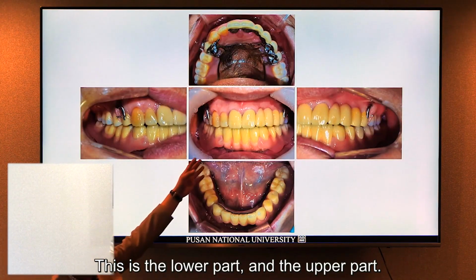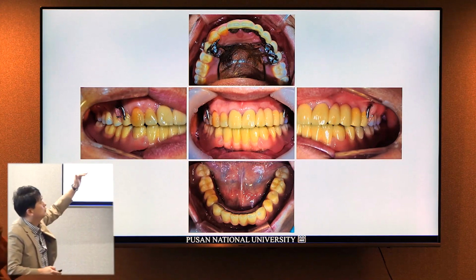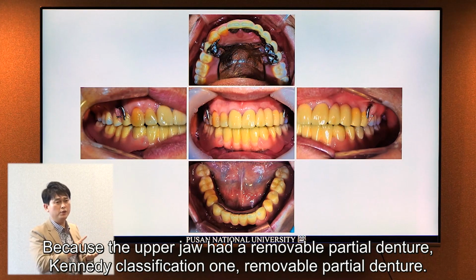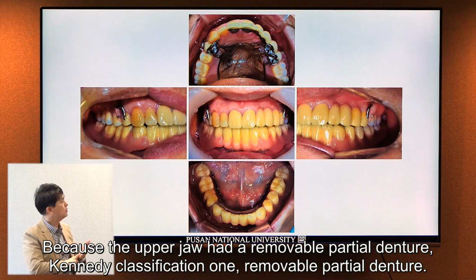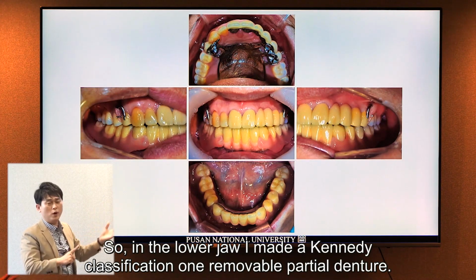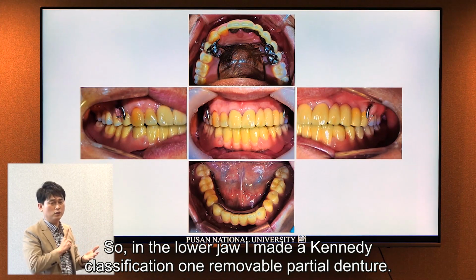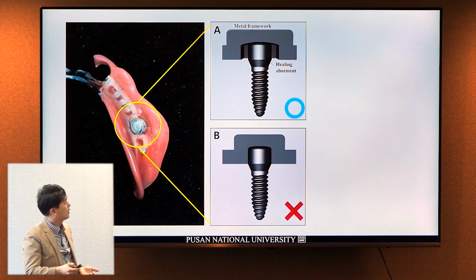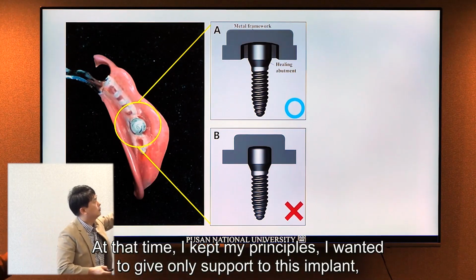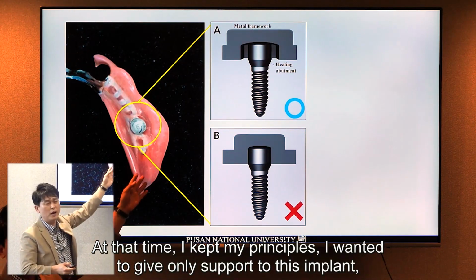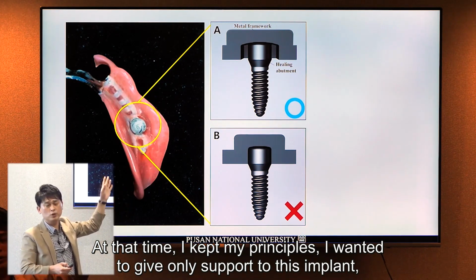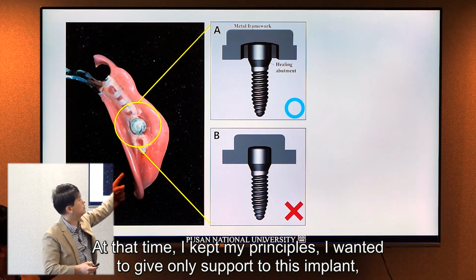This is the lower part and the upper part. Because the upper jaw had a removable partial denture, Kennedy classification 1, in the lower jaw I also made a Kennedy classification 1 removable partial denture. At that time, I kept my principle: I wanted to give only support to this implant.